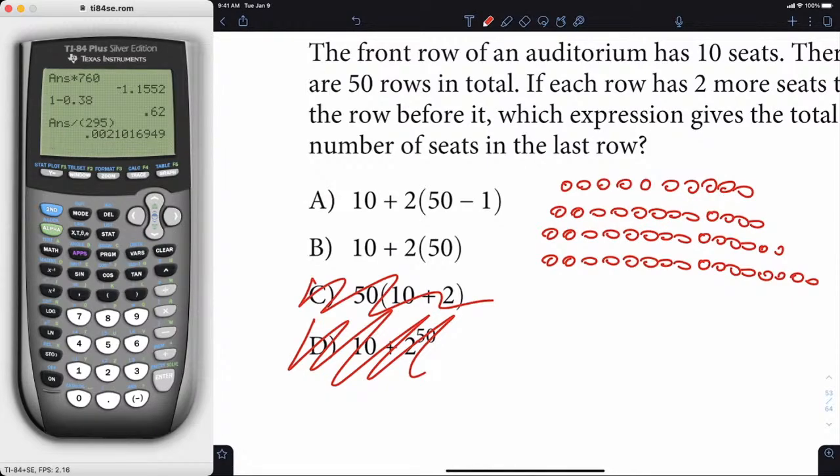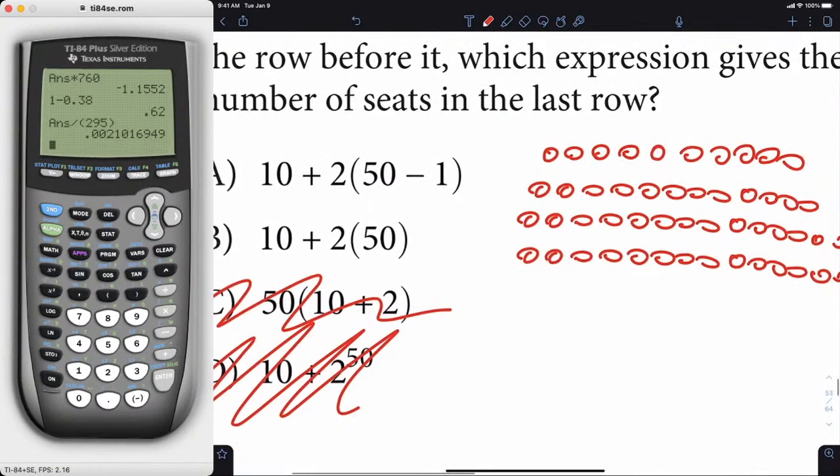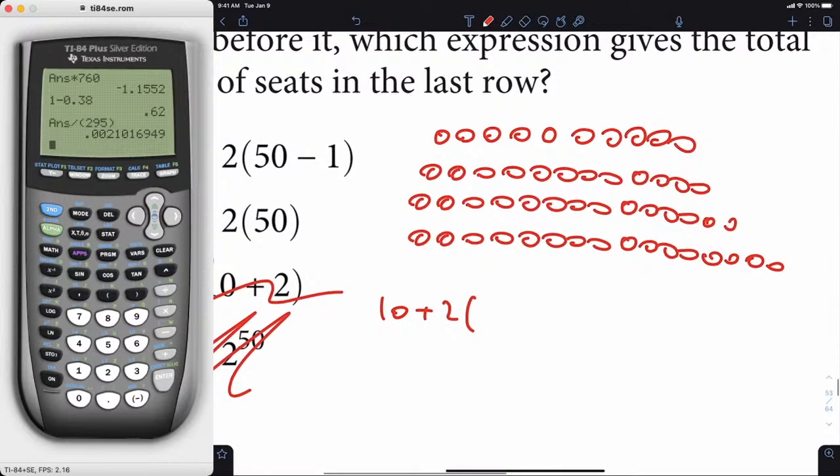Okay, so the way to do this problem is to realize that this is going to be adding 2 each time, and we're starting at a base value of 10. So we get the 10 plus the 2 that it's adding times however many rows it is far away from the 50th row, if that makes sense. I'm not sure how to really explain that, but let me give you an example.